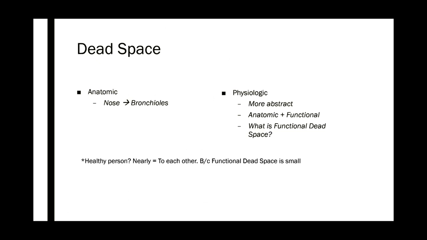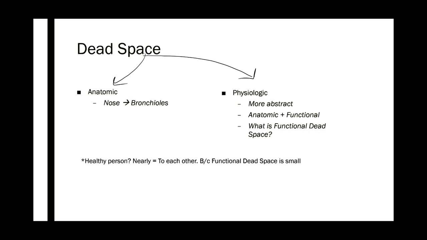Okay, so this concept of a dead space. Dead space is basically air that you breathe in, but that does not participate in gas exchange. So it can be divided into anatomic dead space or physiologic dead space. An anatomic dead space is something that you can actually visualize.